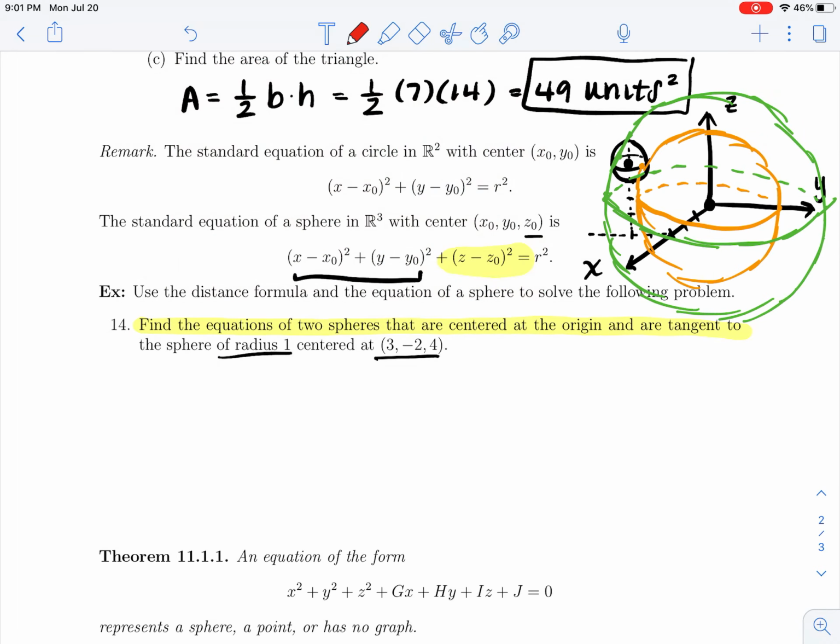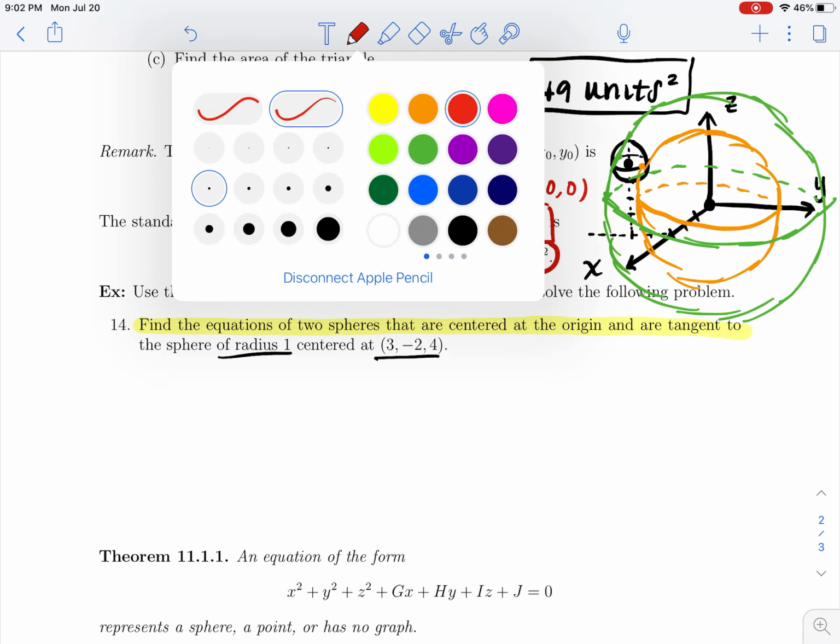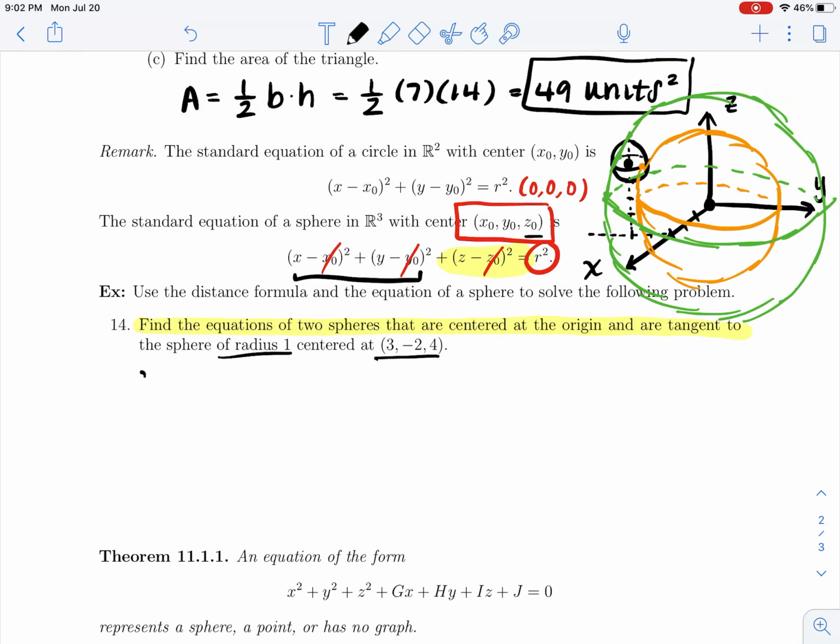So if I come back up to this equation here, both of these spheres are going to have a center of 0, 0, 0. So this x naught, y naught, and z naught are going to zero out. The only thing that's going to be unique to these 2 different spheres is the r squared. So let's make note of this.